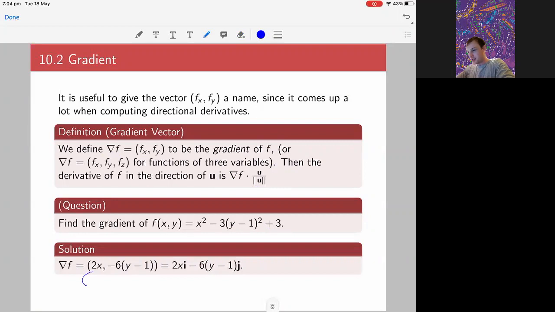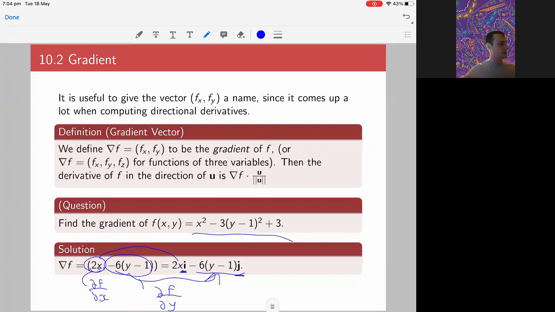Well, the gradient is the vector filled up by the partial derivatives: the derivative of f with respect to x and the derivative of f with respect to y. These are derivatives I hope you're all able to do: df/dx is 2x, and df/dy is minus 6 times (y minus 1). Now, if you're wanting to do this with the old ij notation, this just goes there, and this just goes over there.